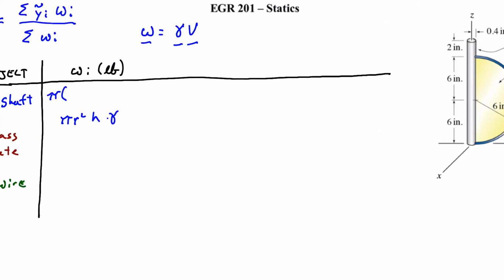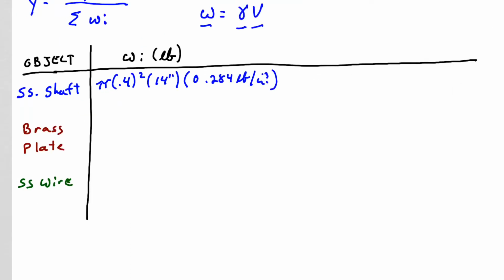So 0.4 squared times the overall height or length, in our case 14 inches, and then times the specific weight, which was in this case 0.284 pounds per inch cubed. So for the stainless steel shaft, that will end up being 2.0 pounds.